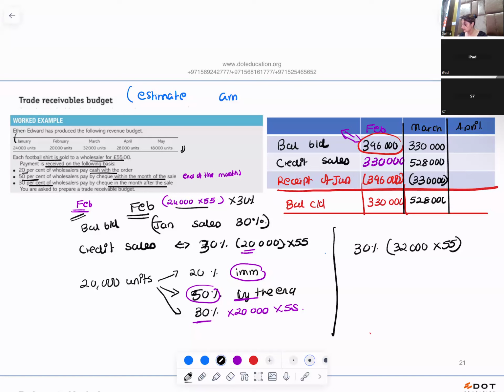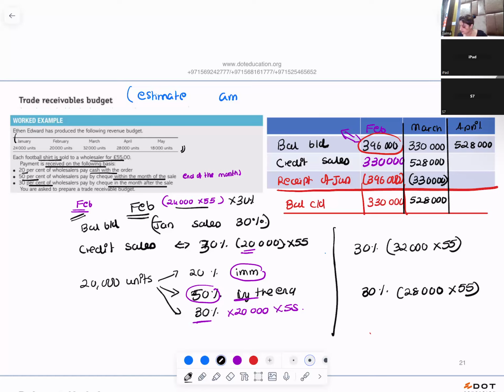For April, balance brought down would be 528, and then your credit sales would be 30% again of April, right? 28,000 into 55, 462,000. 30% of April, April has 28,000 units into 55, 462.